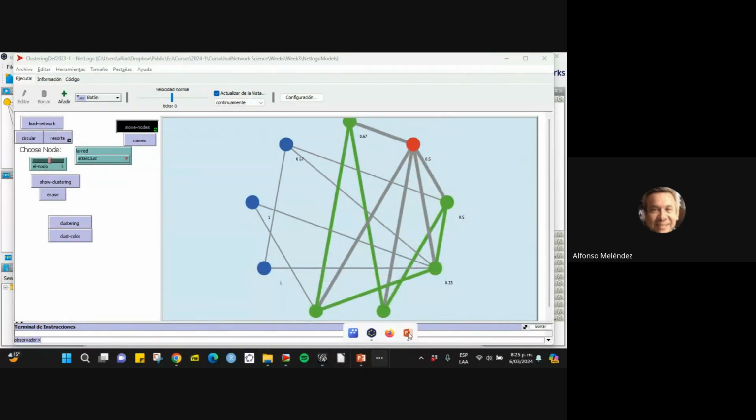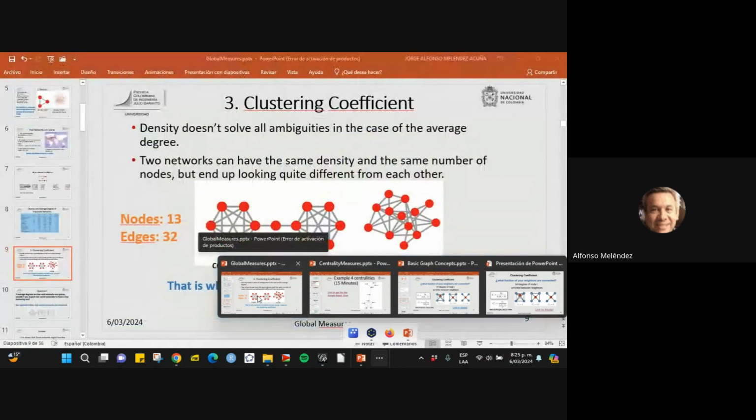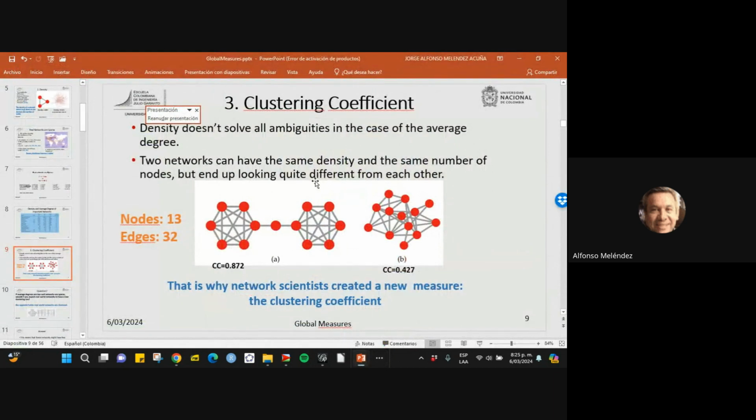We're going to talk a lot about the clustering coefficient in this course. This is a first contact with the clustering coefficient. What is this 0.872? For example, the clustering coefficient of this node in this network is 1.